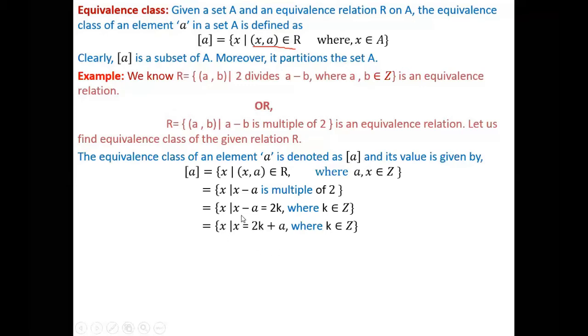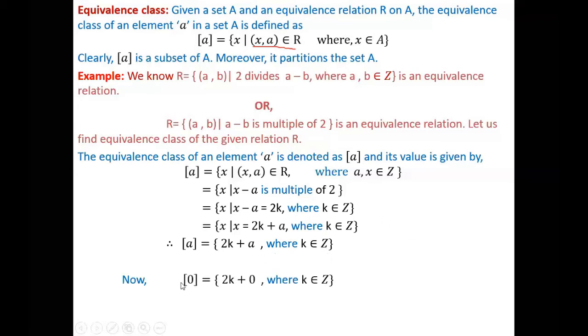So x equals 2k plus a, bringing a to this side. So ultimately the equivalence class of the element a takes this form: 2k plus a, where k belongs to the integer set.